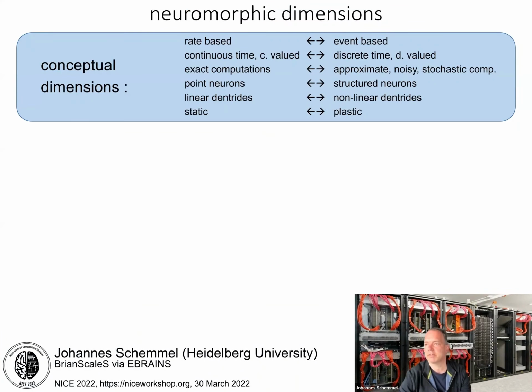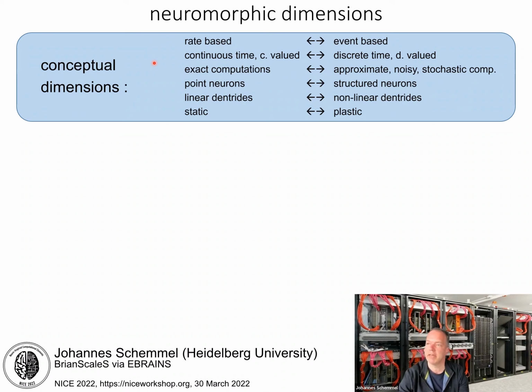And I try to summarize this in the so-called neuromorphic dimensions. The first is the conceptual dimension, where we have here 6 examples. I mean, there are more. This is not a complete list, but an important difference I have just shown is the difference between rate-based and event-based modeling. Then we have continuous time or discrete time, continuous valued or discrete valued.